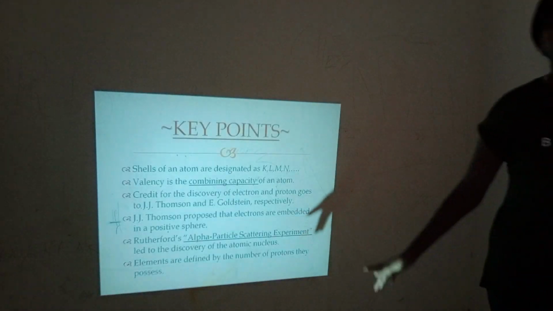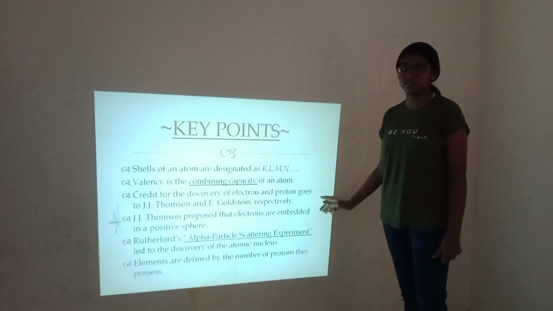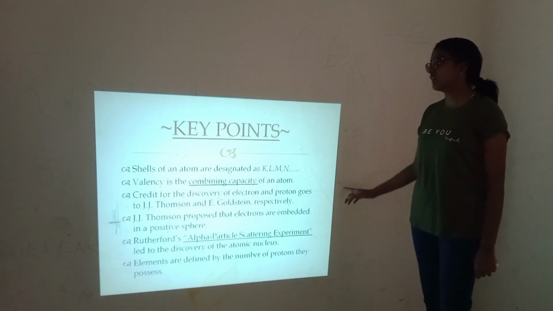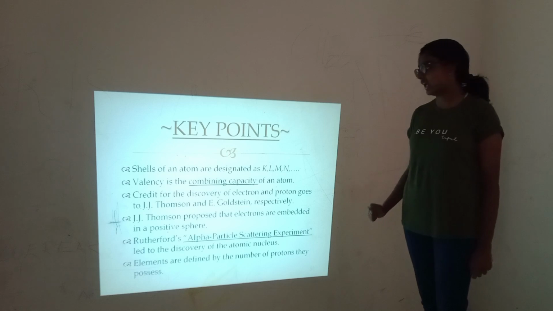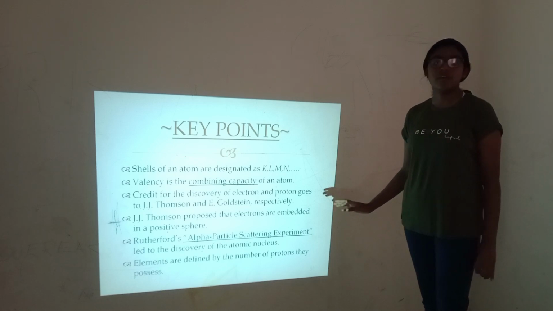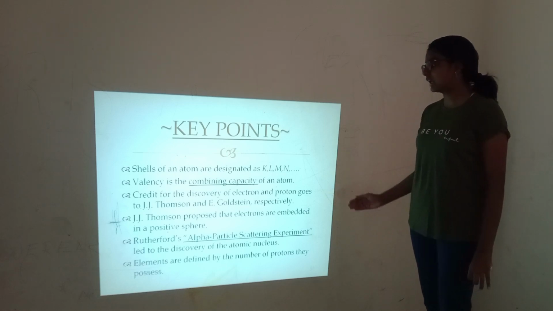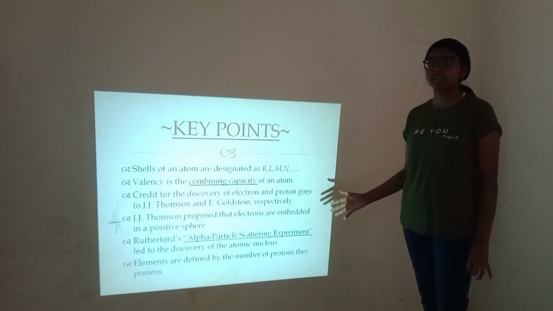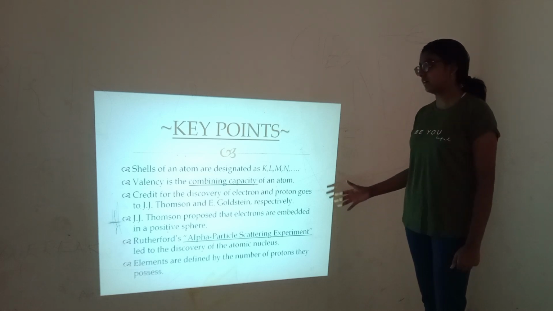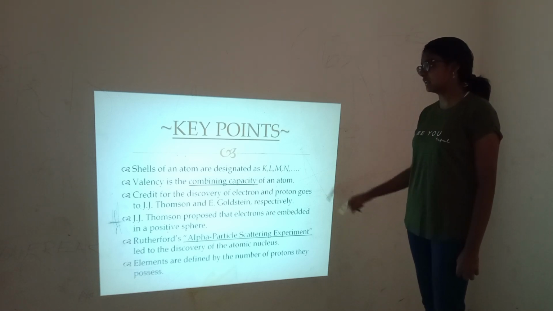Now these are the key points of the whole discussion. Shells of an atom are designated as K, L, M, N, and so on. Valency is the combining capacity of an atom, which means that when two elements combine, the valence electrons are taken into consideration.